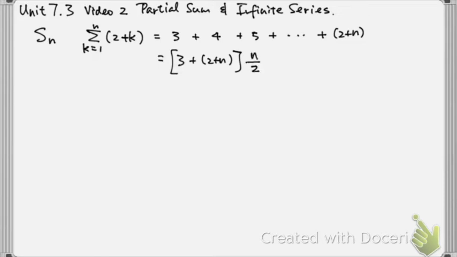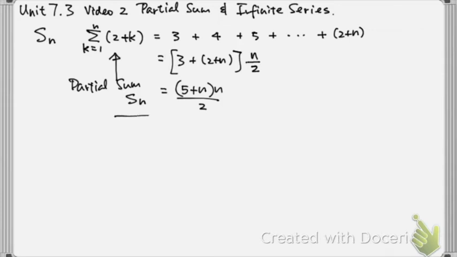So I may simplify this as simply (5 plus n) multiplied by n, all over 2. So we can say for this series, the partial sum S sub n is equal to this quantity.